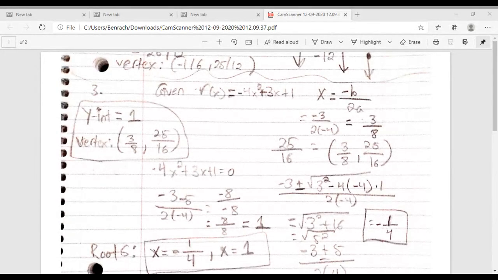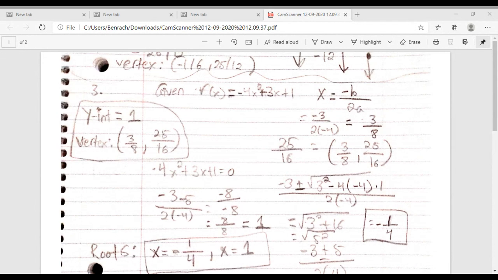Okay. So that's everything. Basically it's the same question, same concept as the one I presented on Friday, but I am aware that I didn't do the x-intercept questions. I just found the vertex, the roots, and the graph, because that's what the question asked.